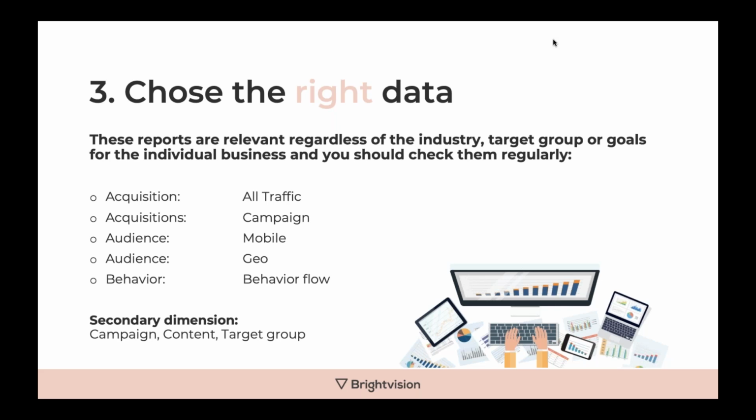Our fourth report is Audience Geo. And this is pretty much as it sounds. It gives us an opportunity to see where our traffic is coming from, together with which language they are speaking, or having in their browser. So for example, do you have 20% of your traffic coming from an English-speaking country or a Danish-speaking country, but your website is only in Swedish?